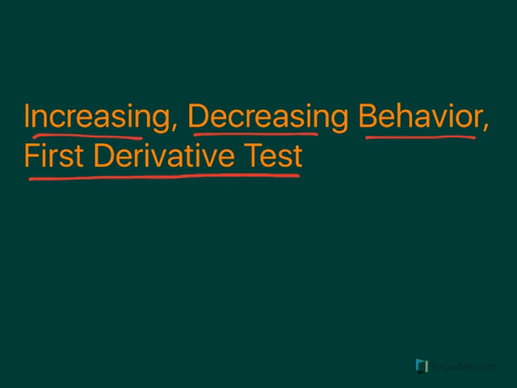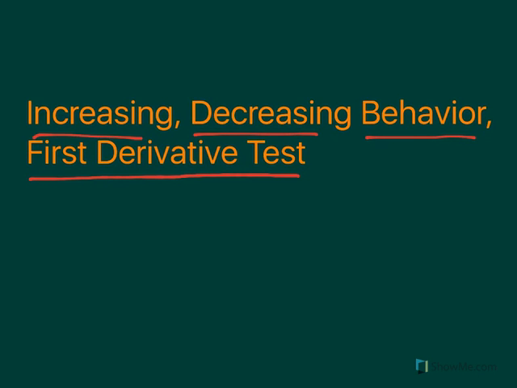So let's say we had some function, let's call it f of x. So we have some function f of x, and let's say it's going on an interval from a to b, and it's going up and it's going down.